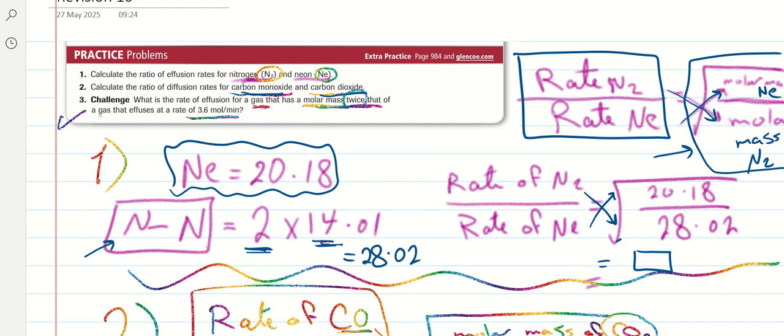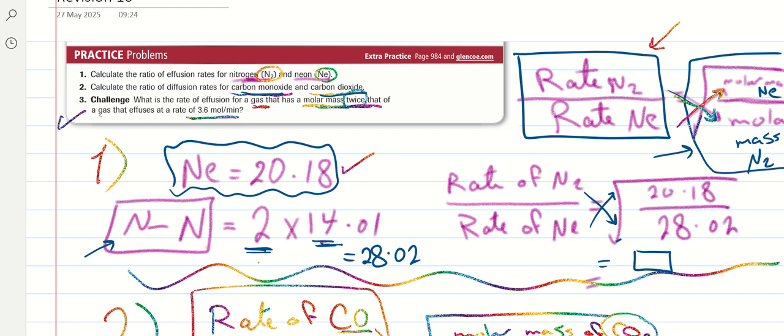So we're going to say that the rate of effusion of gas N2, which is nitrogen, divided by neon, equals, don't forget to cross it, the square root of molar mass of neon divided by molar mass of nitrogen. From the periodic table, we can get the molar mass of neon, and we can calculate the molar mass of nitrogen.